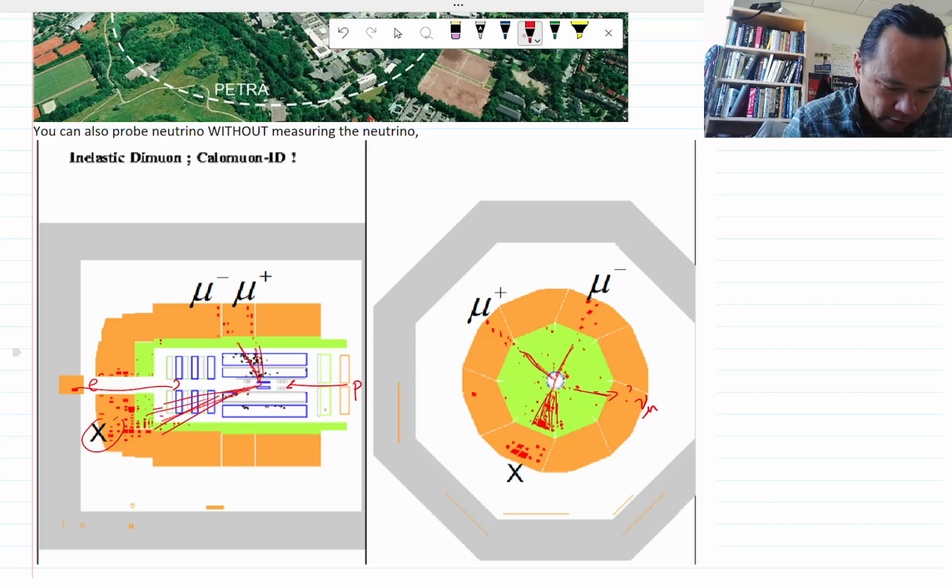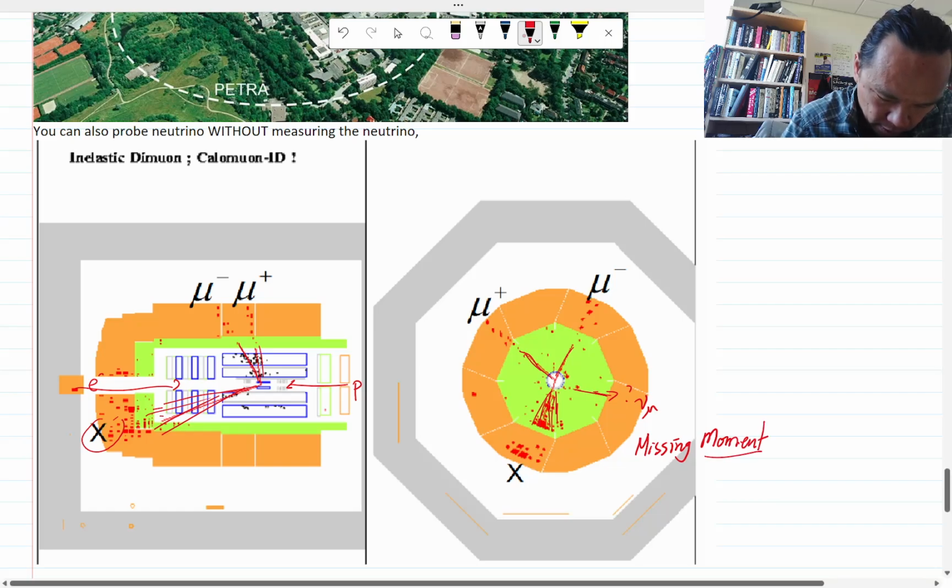Those of you working on the LHC, it's usually called missing momentum, or energy, depending on who you ask.